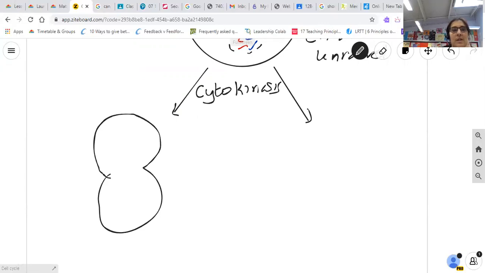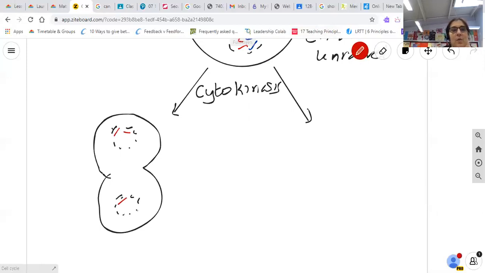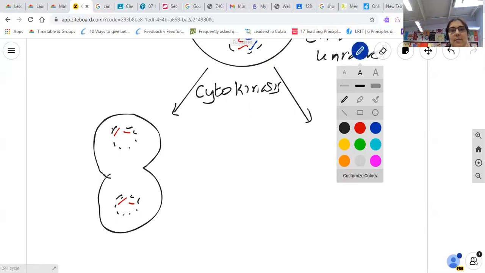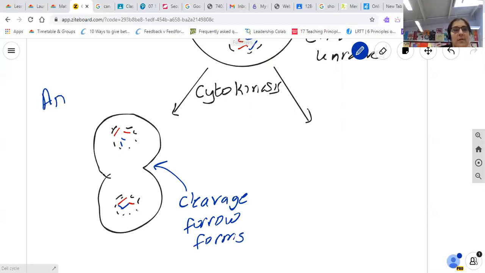Okay, it literally squeezes in like that. Imagine getting a piece of plasticine and sort of squeezing it until you manage to separate it out into 2 balls. That's basically what happens. So we say a cleavage furrow forms.